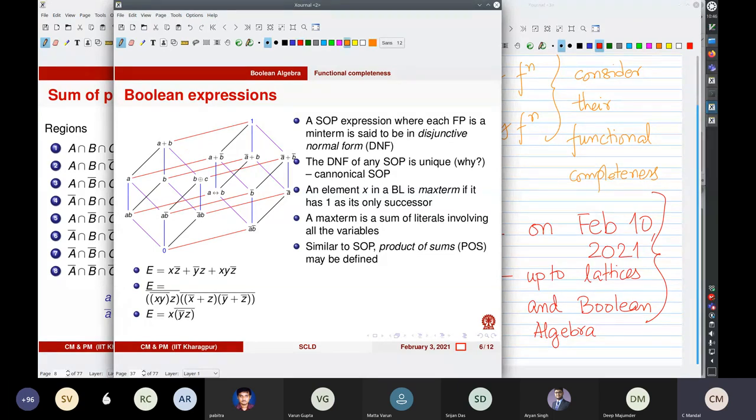So you can go from the atoms upwards using join, or if you call it a sum. And similarly, you can come down also.